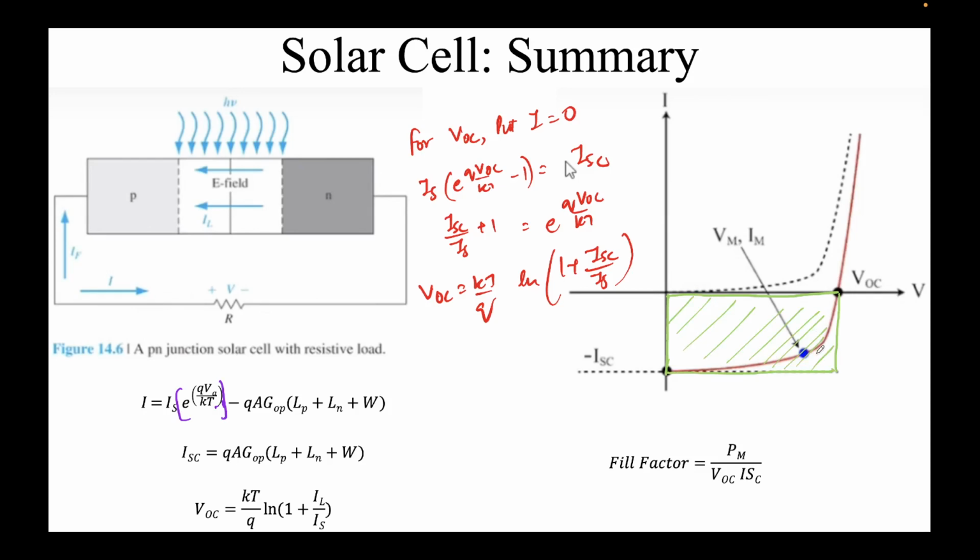Fill factor is essentially where you're operating versus the maximum limits that are available to you. It would have been the best if this were a perfect rectangle, if this curve completely coincided with this vertical and horizontal line. That's not going to happen. So the closer we are to this perfect rectangle, the better we are in the operation of this solar cell.